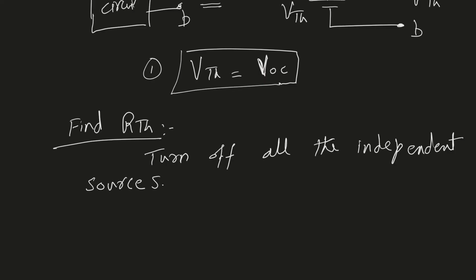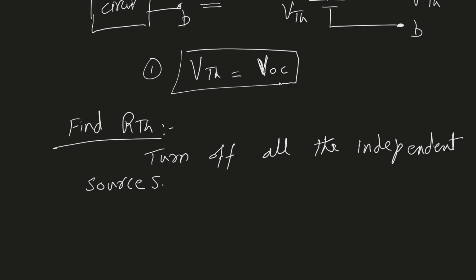So we will see how to find the RTH for that type of circuit. Later on, we will consider a circuit where we have dependent sources, and we will explain how to find the Thevenin resistance of a circuit that includes dependent sources. For now, let's consider the circuits with only independent sources.